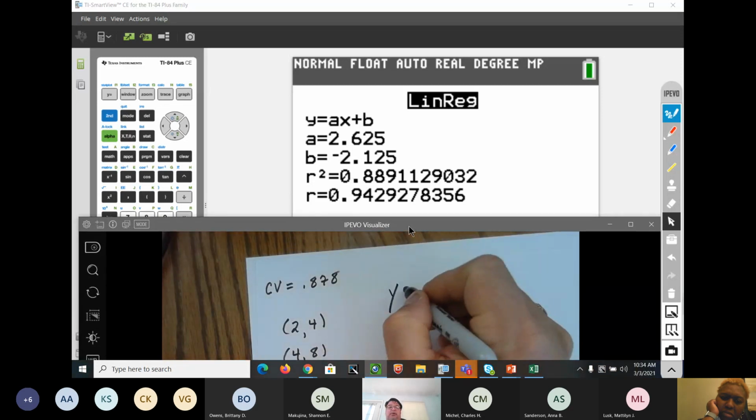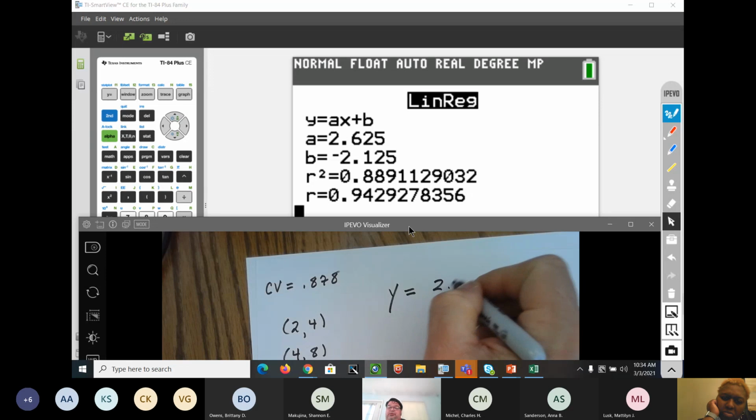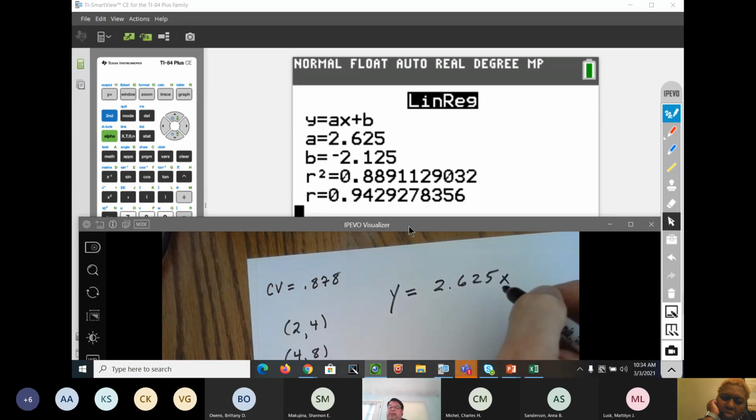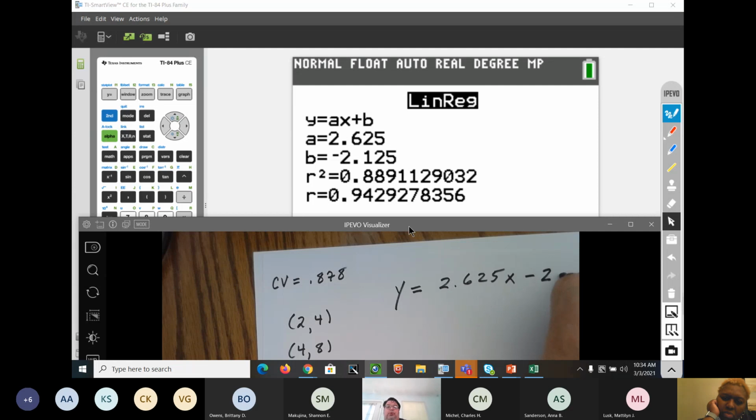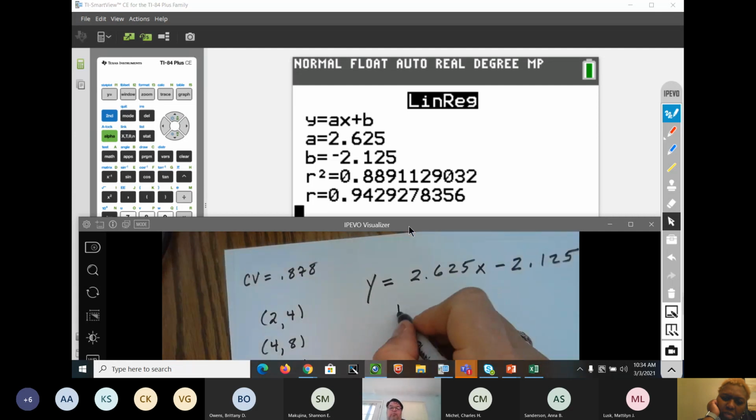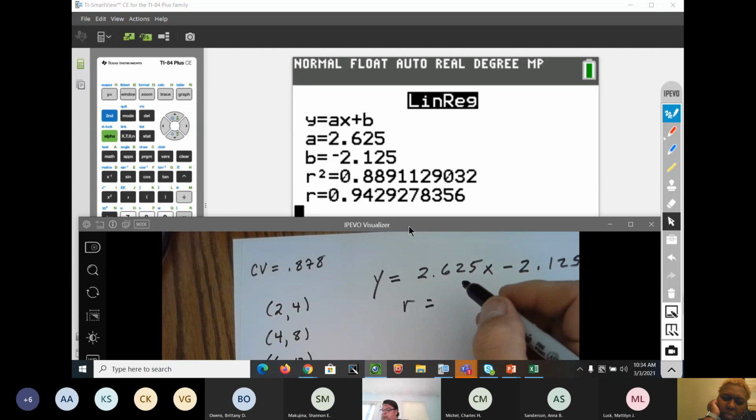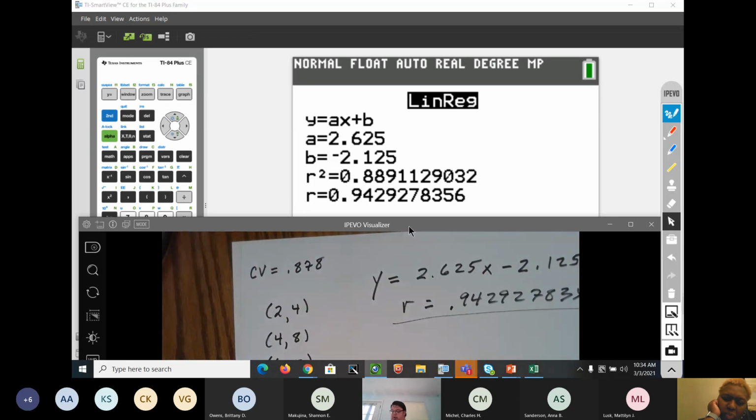Y is equal to 2.625x minus 2.125, and R is equal to 0.9429278356. And that's important right there because they're going to want that in the question.